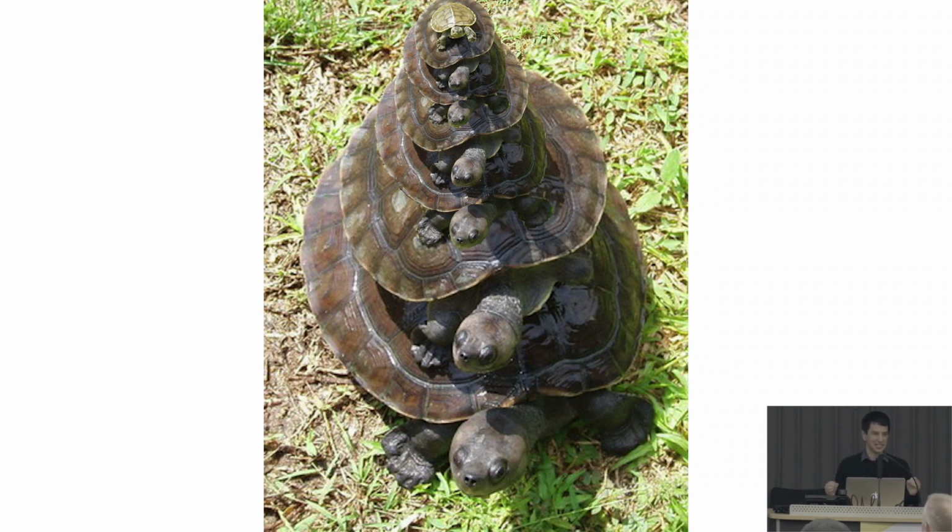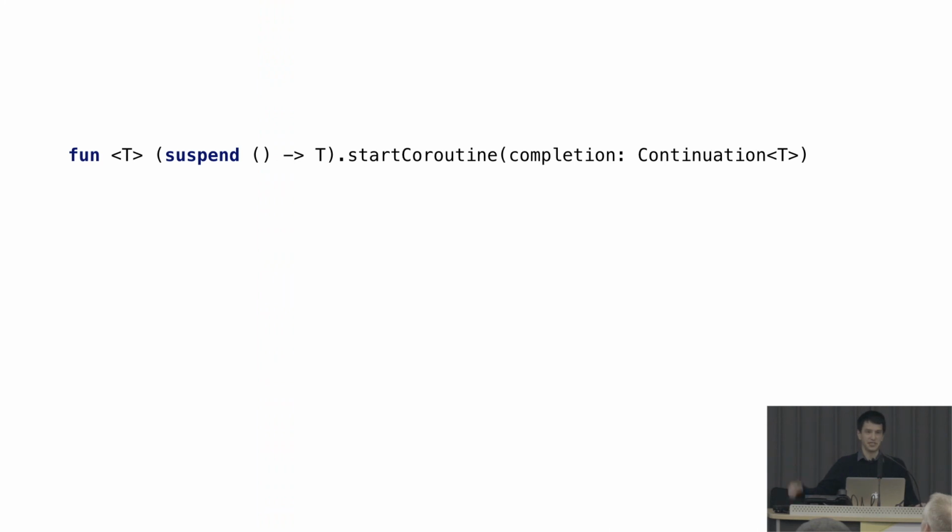There is a connection point between these two lands. There is a wardrobe that you walk through and go from the boring manor house to Narnia. And that is this function called startCoroutine. I wish someone had told me this existed, because I was wondering how you start a coroutine. It's just, oh, there is a function called startCoroutine, the end.